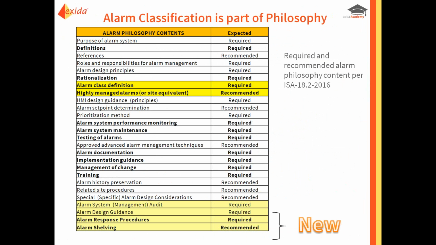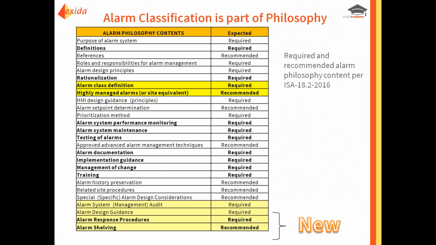There's also specific sections that are focused on classification. One on the definition of alarm classes, meaning what classes will you use, whether you're using highly managed alarms, that's a special class that we'll talk about. And then classification can show itself in other areas of your philosophy document.